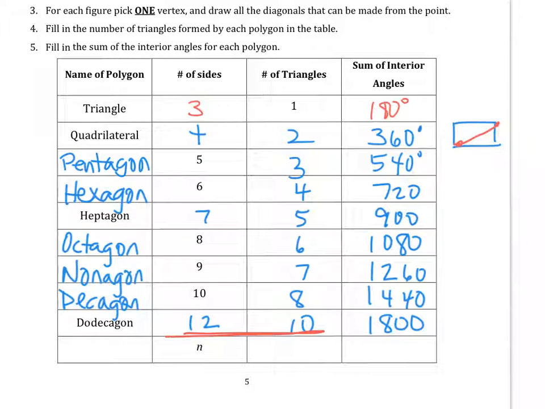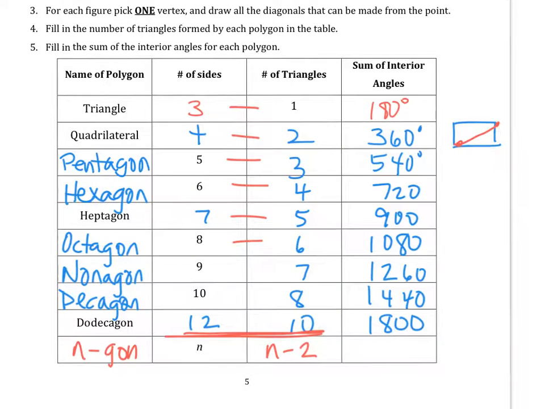What's the relationship between the first two columns? What relationship do you see? The number of triangles is n minus 2. All right, so it's always minus 2, minus 2, minus 2. So he says the number of triangles is n minus 2. And a name for this is just going to be, we'll call it an n-gon.